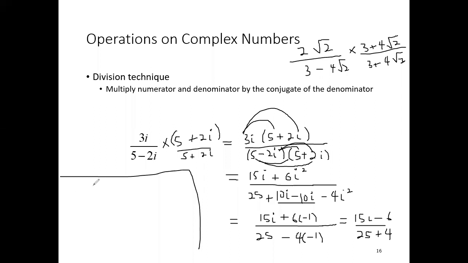We'll get negative 6 over 29 plus 15i over 29 as our final solution. So that will be our final answer for this question. If there's any question, you can lift your hand and ask.